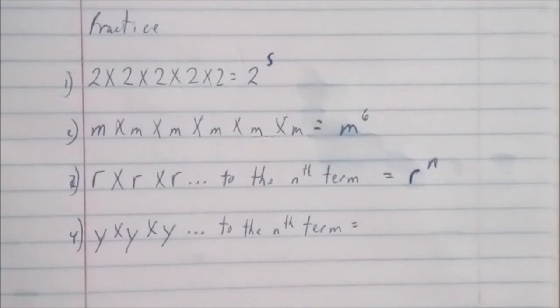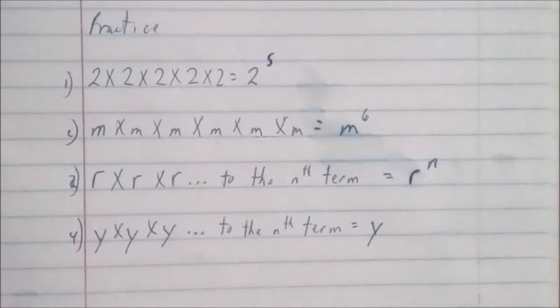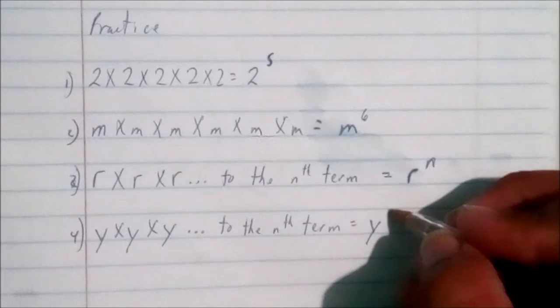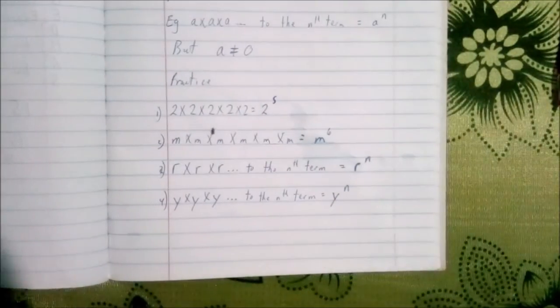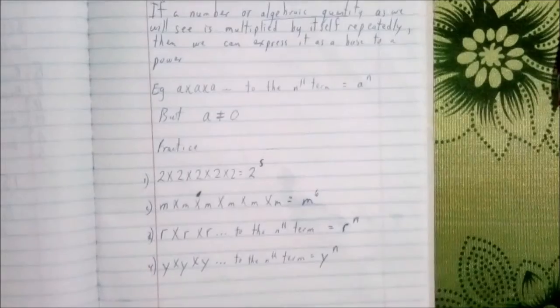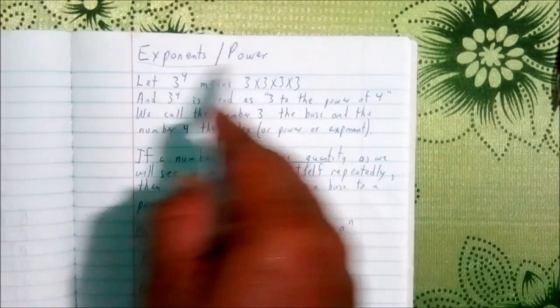If you say the base is y, you're perfectly correct. And if you say the power for this one here is n, then you're perfectly correct. So you have covered that topic very well. Okay, so this is what we call exponents, powers, and so forth. That is our topic for this one here, exponents and power.